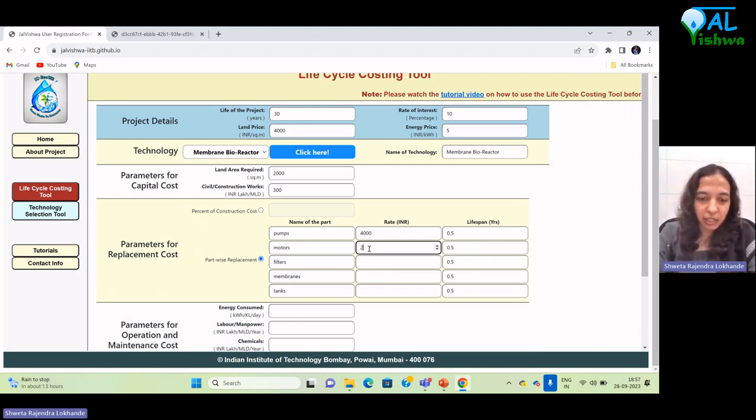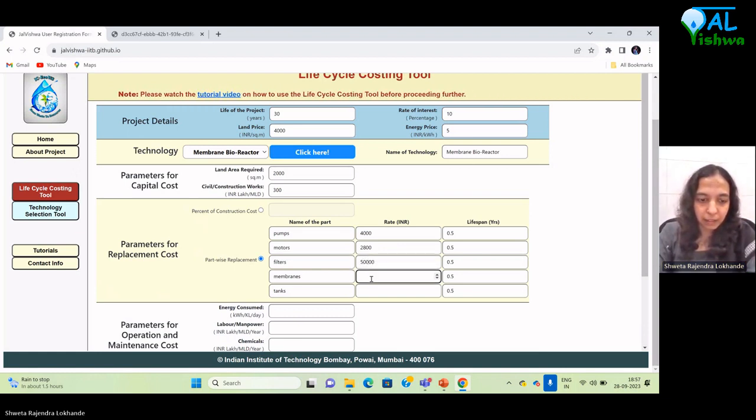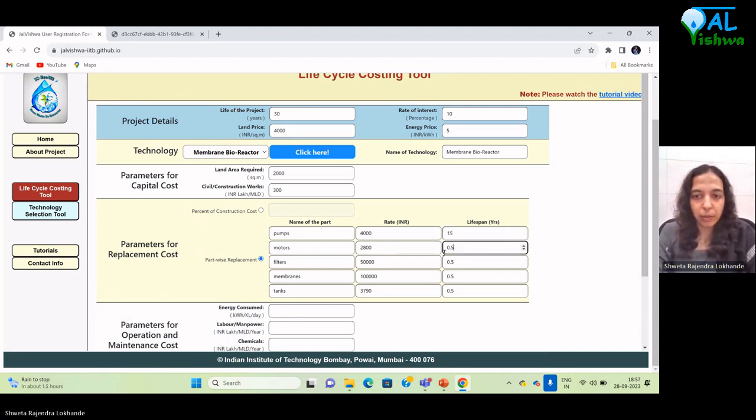So I am just entering some random data which may not be representative. Now, let's say my pumps need to be replaced after 15 years, my motors after 10 years, filters after every 5 years.